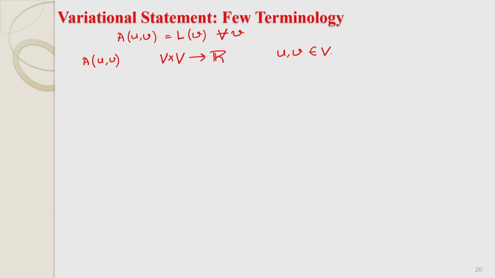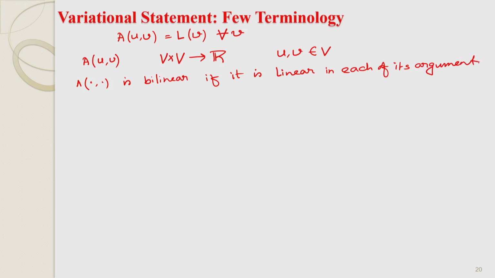Now, this operator is bilinear if it is linear in each of its arguments. That is, suppose we have three variables u, v, w belonging to that vector space and we have alpha, beta belonging to the real number space.